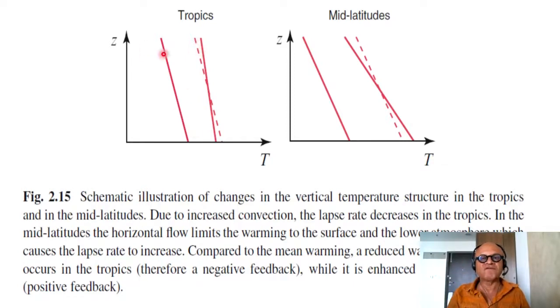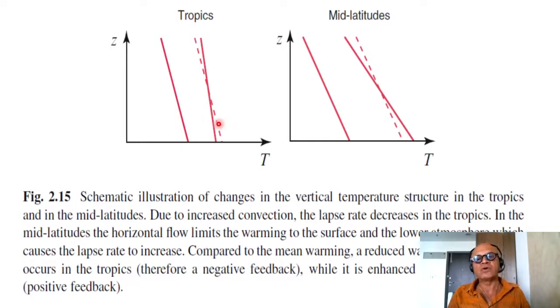So you have different lapse rates. And then in the mid-latitudes, the horizontal flow limits the warming to the surface and the lower atmosphere, which causes lapse rate increase. So we are here talking about how lapse rate changes with global warming.